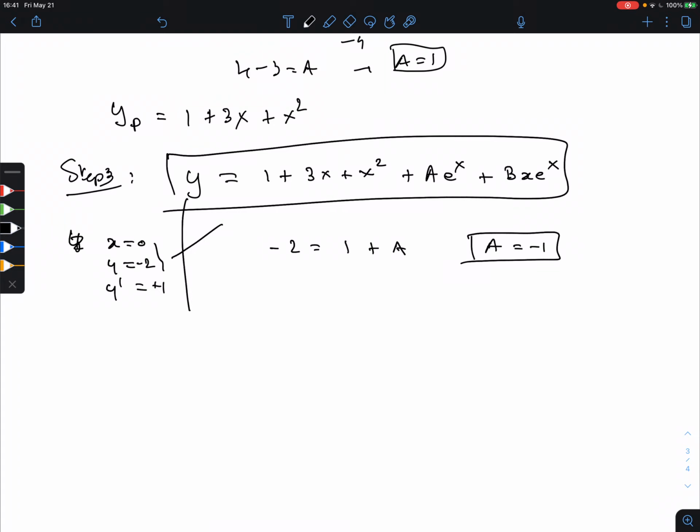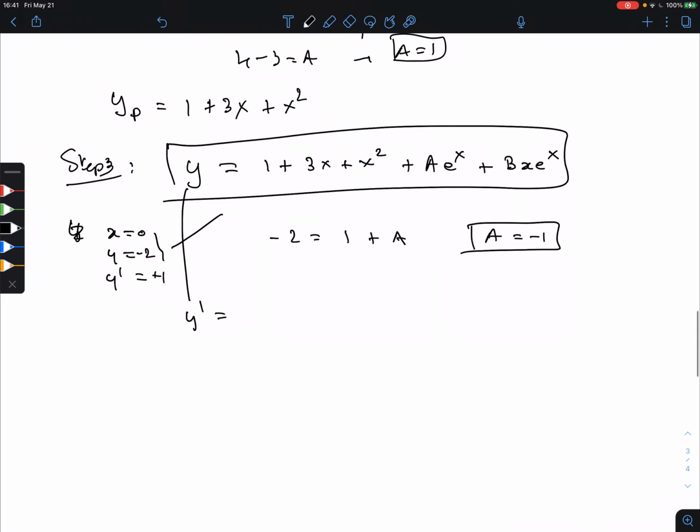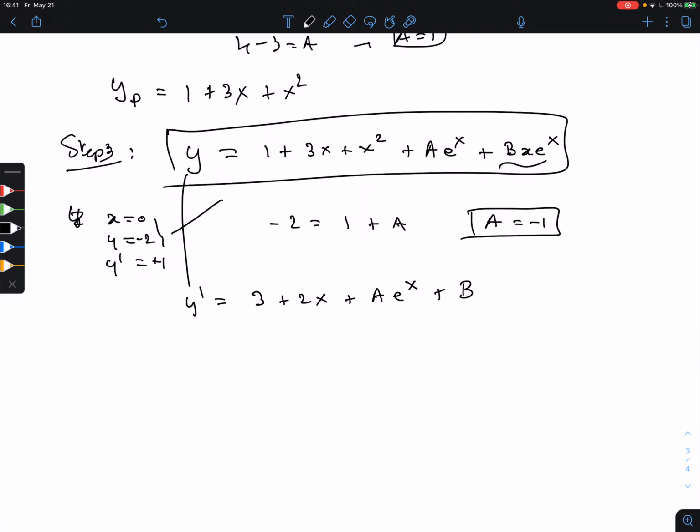Now we need y prime. This is always part of the calculation in initial conditions, right? We take derivatives, that is 3 plus 2x plus a e^x. Now be careful, we have a product here, so I'm going to have to do the product rule. b is just a constant, the derivative of bx is b, copy the second one, plus copy the first, and now take the derivative of the second one. Okay, I plug in x is 0 here, so let's be a bit quick.